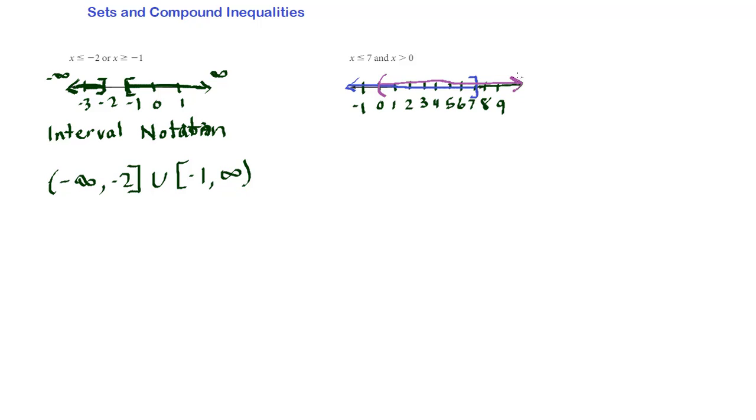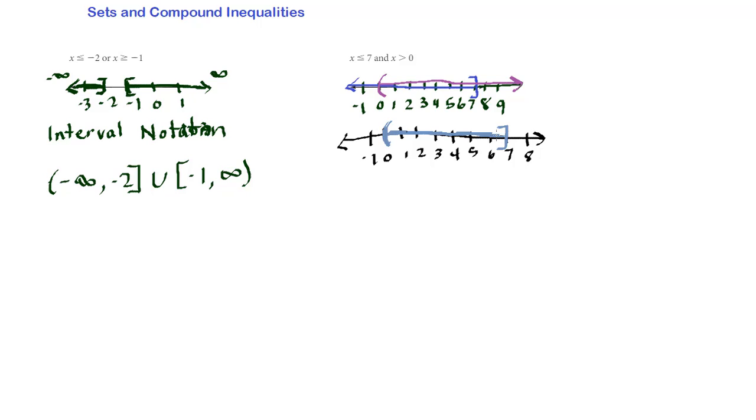Then what I need to do is I'm going to figure out what works for both, because both of them have to be part of this solution. So let me write that down. So where are both of them shaded? So it looks like to me we have both of them shaded. Got a roundy guy there, squarey guy here, and both of them aren't on the 0, just one of them, so I have to use a roundy guy there.